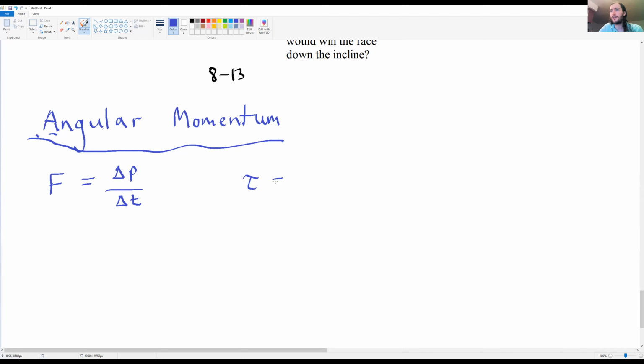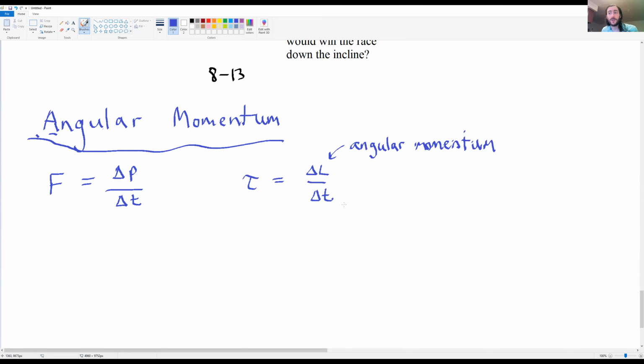We're going to let torque be equal to the change in angular momentum, which we use the letter L for, which probably adds to the difficulty for students learning. Angular momentum has the symbol L. So angular momentum, divided by delta t, the same kind of thing.